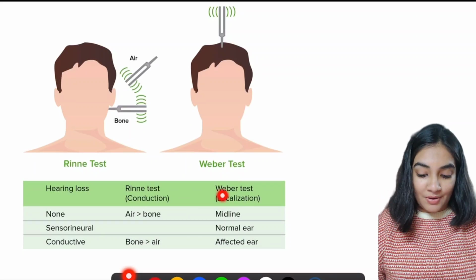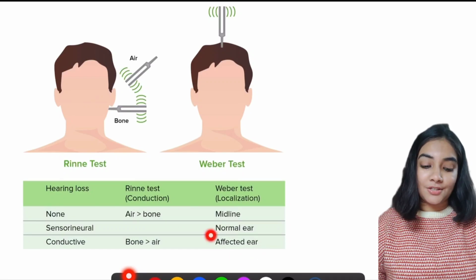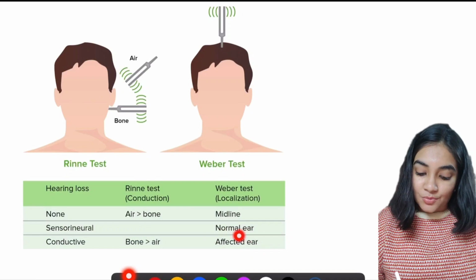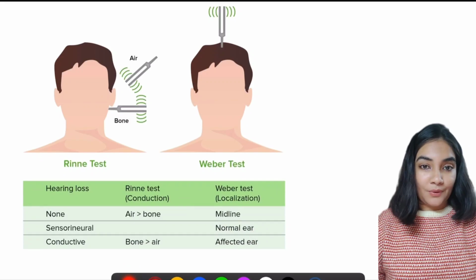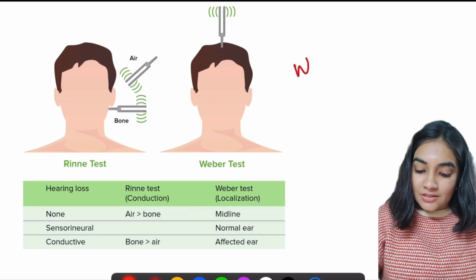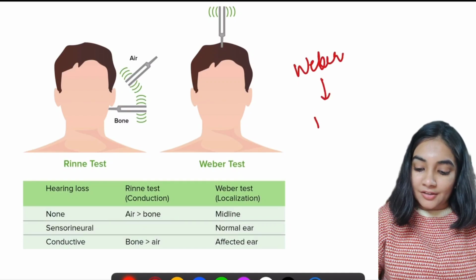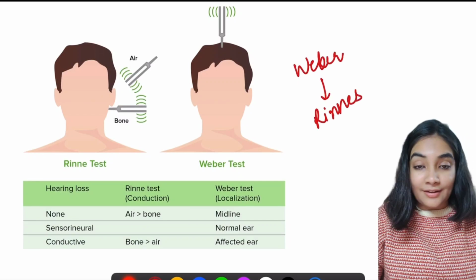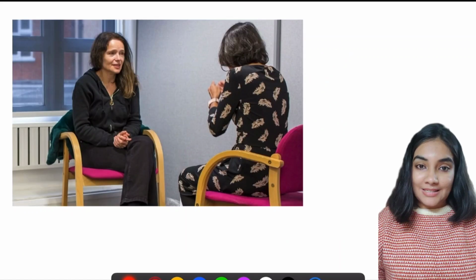That means Weber is lateralized towards the affected ear. Whereas in sensory neural, it is lateralized towards the normal ear. So a better way to do it always is, first make your assumptions based on Weber and confirm it with Rinne's.